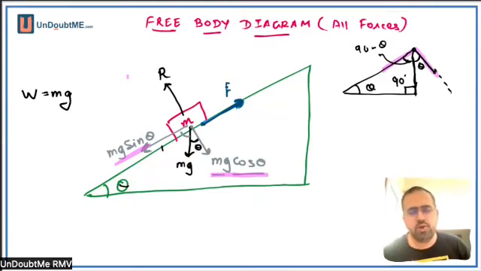In that case, we also consider the tendency, like a body having a tendency to move downwards. So friction should act in which direction? Upwards. This friction is the only force which is holding this block up to a certain angle. After a certain angle, this friction will say, now I'm done, I can't help you out, so this body will move down. But up to a certain angle, friction will hold this body at the same position, it will not move.